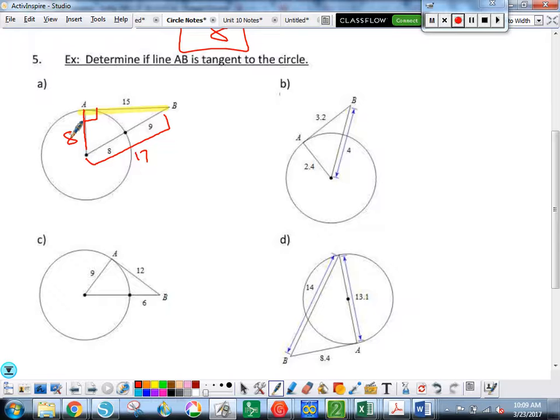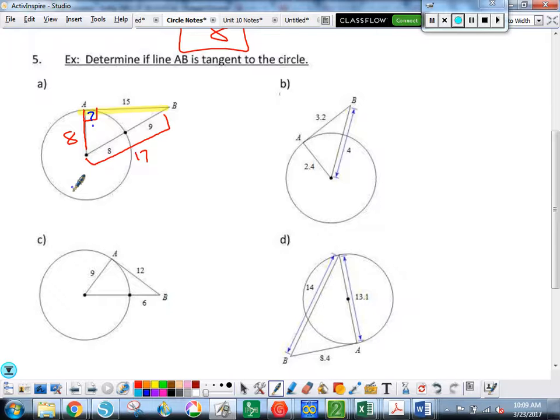8. So on this particular problem, the question isn't find x or find y or find the missing side. It is to determine if that's tangent. Now if that's tangent, then this angle will be 90. So technically we don't know for sure if that's a 90-degree angle. We're just assuming at first.